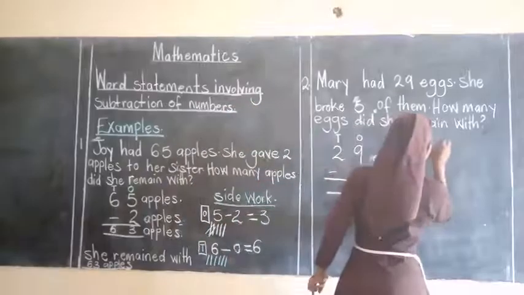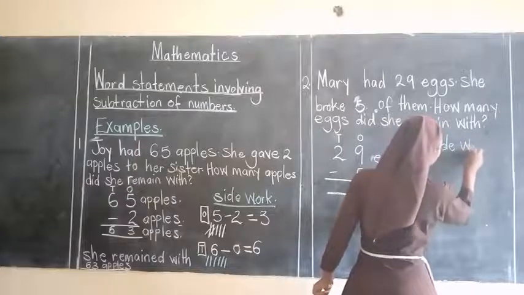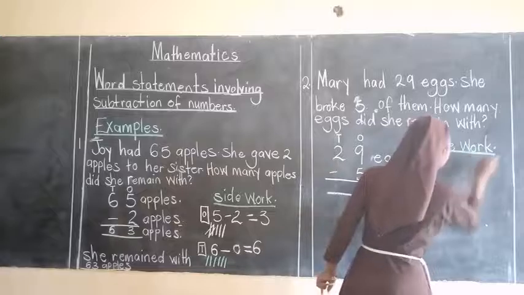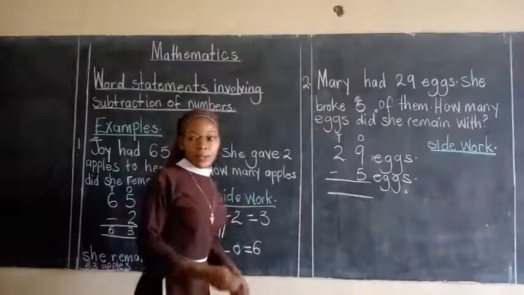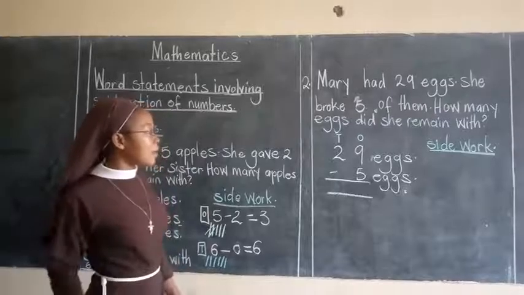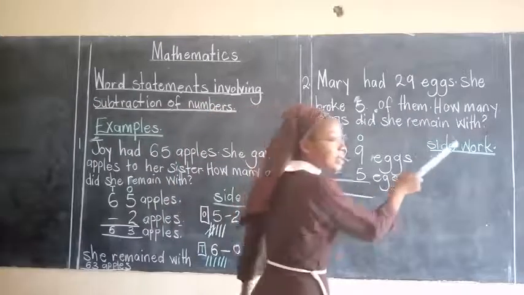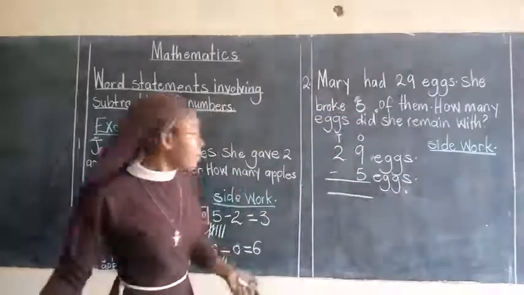Since we have finished marking our place values, we go to our side work. The side work is very important because it's where we show our working. If you just fill in here without the side work, my dear, you will not get a mark.